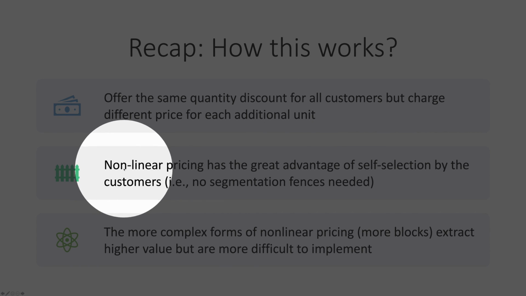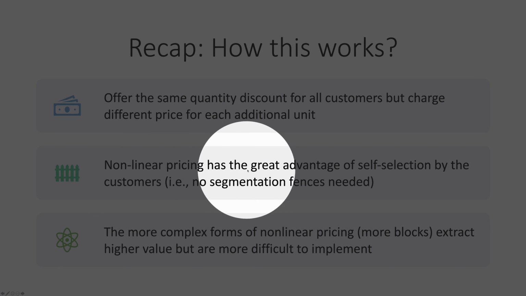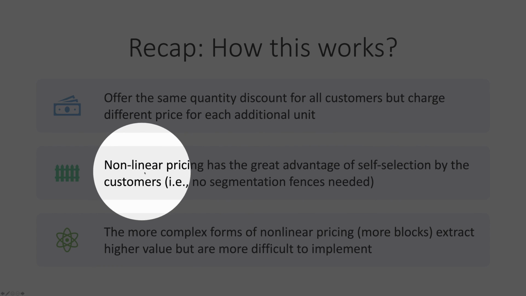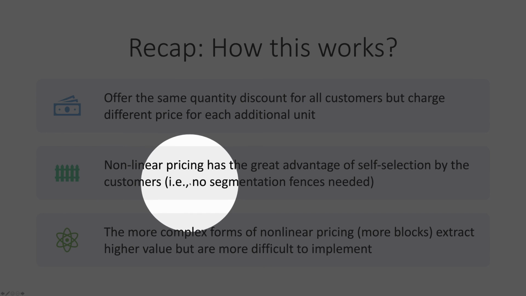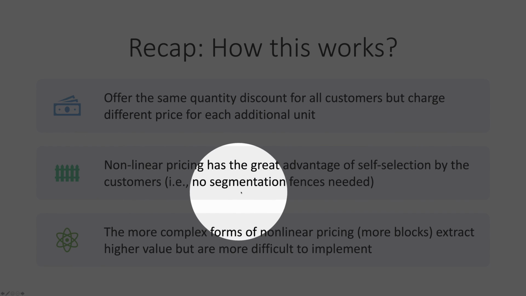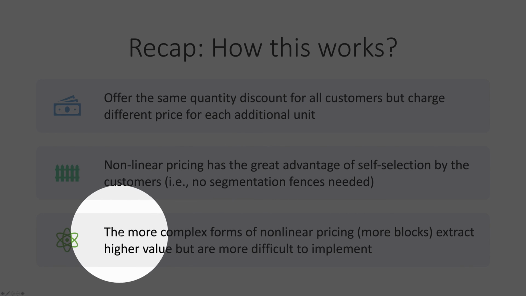And the nonlinear pricing in general has great advantage of self-selection by customers. That is, we don't need to separate who is willing to pay more, who is willing to pay less. Customers who are more or less sensitive to additional demands would decide for themselves whether to purchase the additional units. And the third, I have shown that 4 prices is more profitable than 2 prices than 1 price.